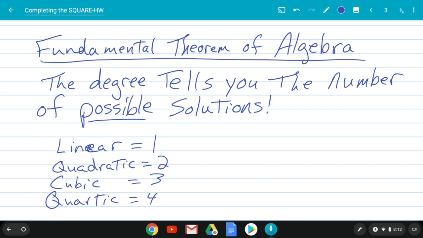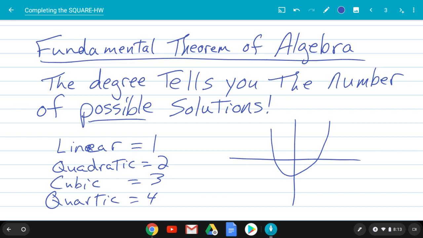Now, I say possible because it could have less. For example, have we ever had an equation, a linear equation that had no solution? Yeah, we've had that. Okay, now I want to give you another example. This is a graph, and this is a parabola on that graph.